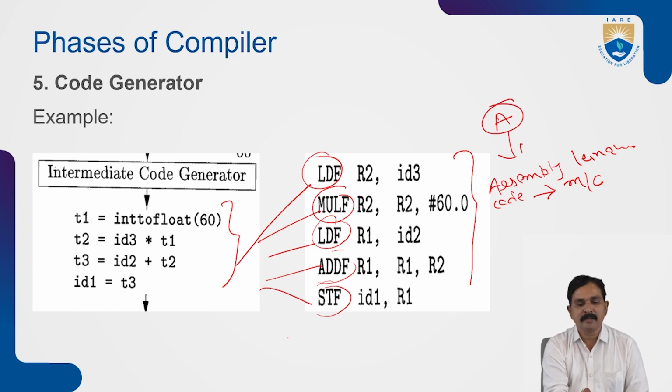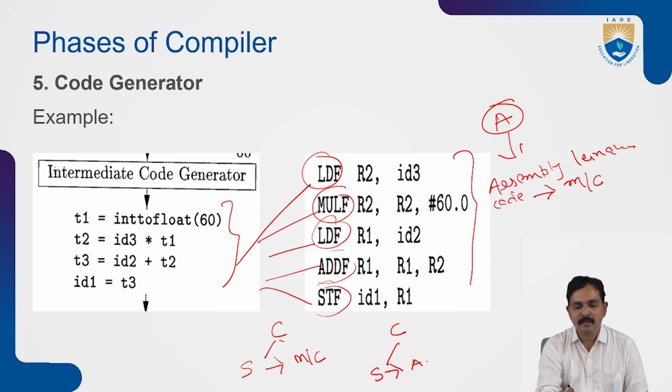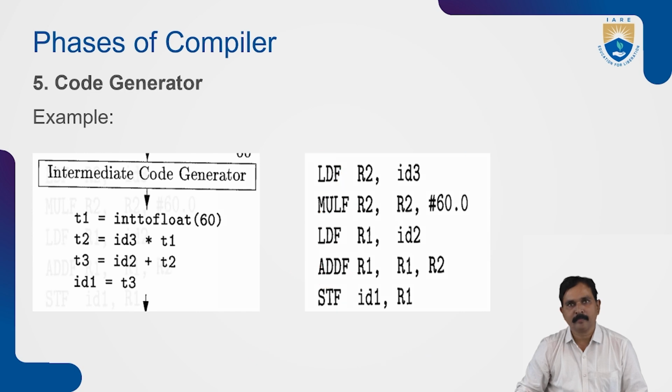Finally, you have to see that the compiler is a translator. It converts the source program to machine code. Here it converts the source code to the assembly language code, then the assembly language code is converted to the machine code. That is how we observe a total of 5 phases of the compiler.